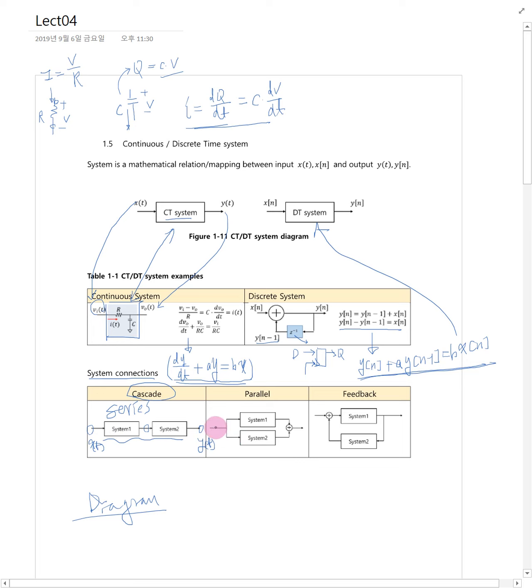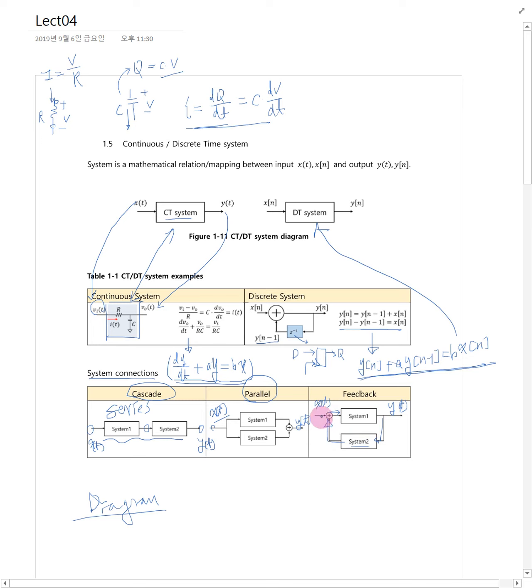In the parallel connection, the input signal is applied to both of the two systems, and the outputs are added at the output terminal. This type of connection is called the parallel connection. The last one is feedback. Input is applied here and goes to the system 1 input, and the output of system 1 is tapped out, applied to system 2, and fed back to the input side.